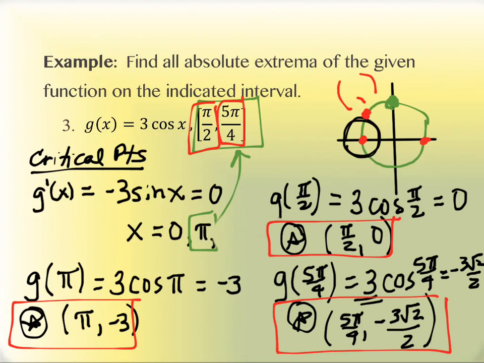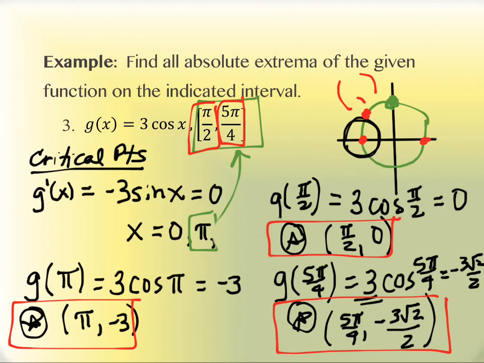Okay, so I've got 3 points squared in red. How do I decide from among those 3 points which is my maximum and which is my minimum? Okay, compare what? Of the values we found. Of which values we found?